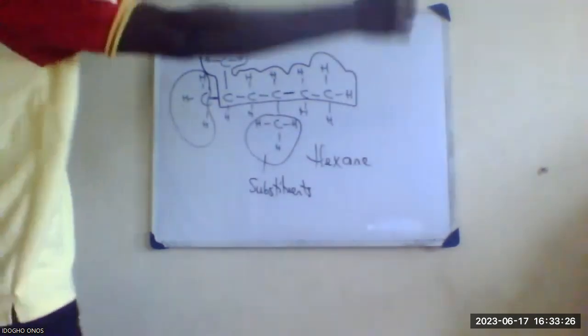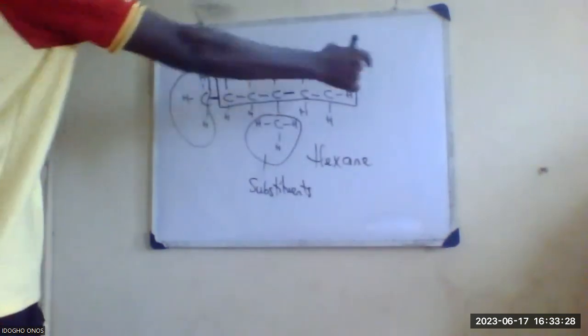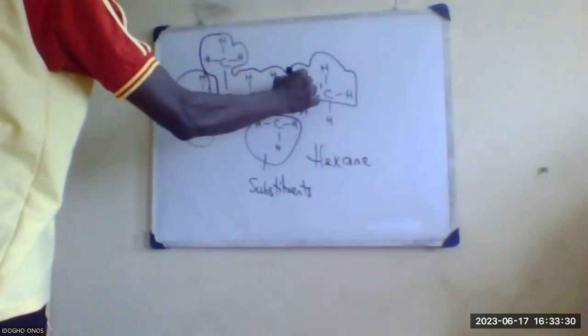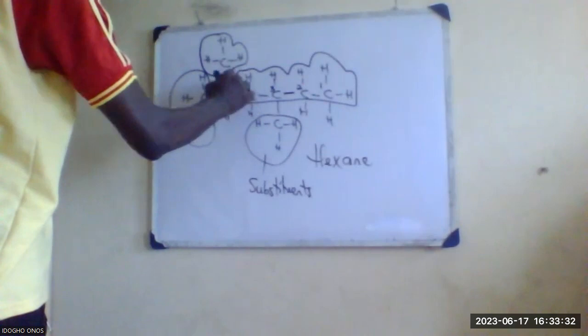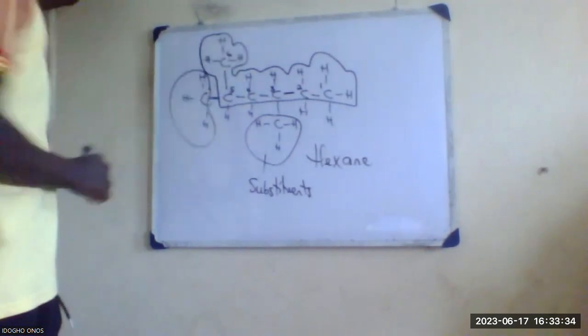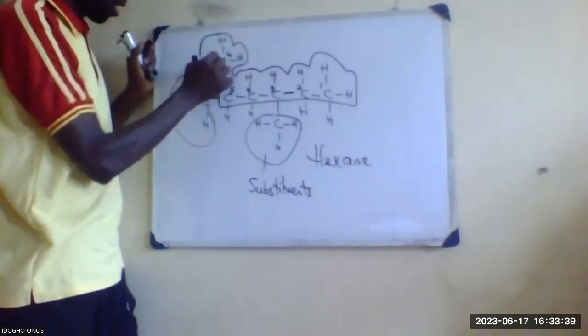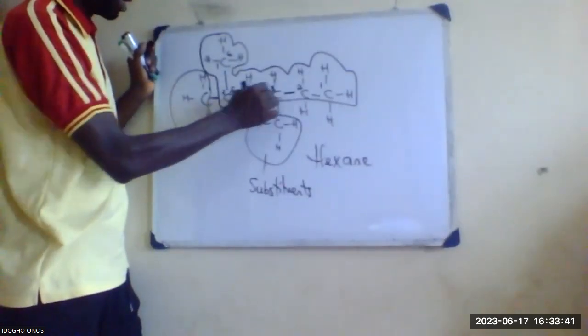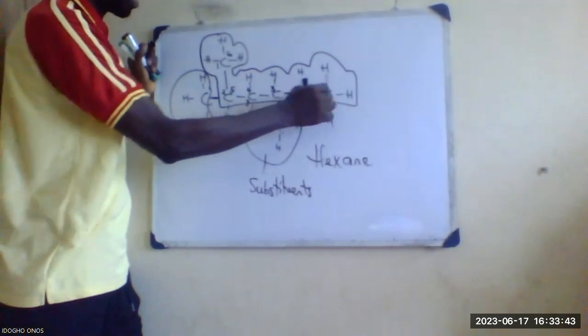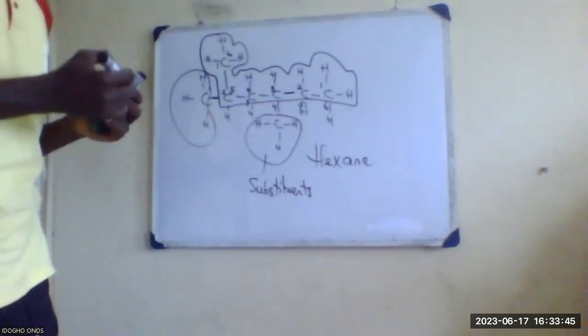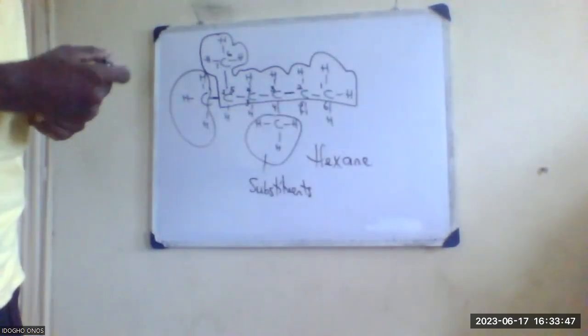Okay, now let's number our carbon atoms from this extreme end. This is 1, 2, 3, 4, 5, and 6. Then let's number from the top again: 1, 2, 3, 4, 5, and 6. Are you with me?